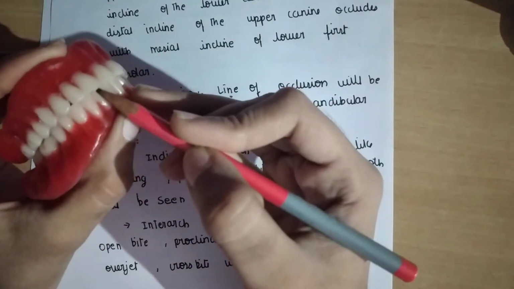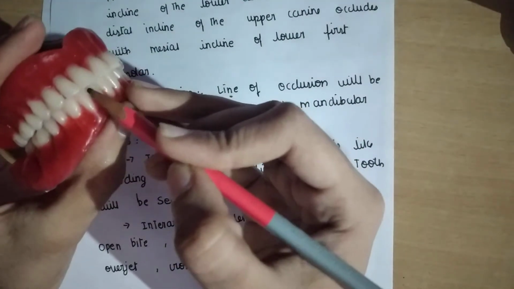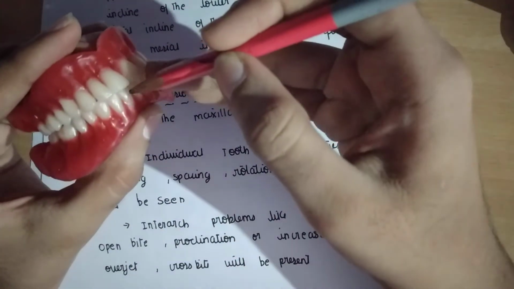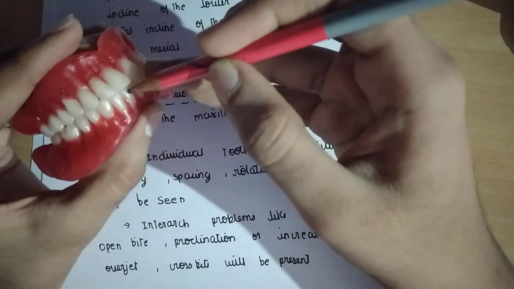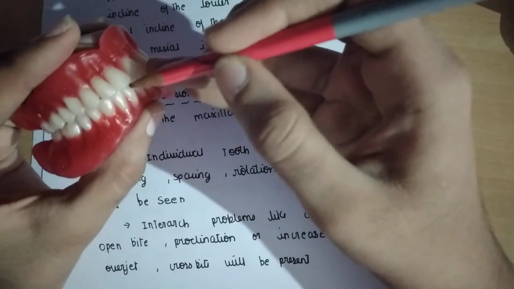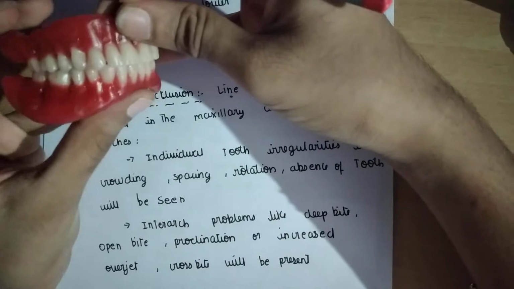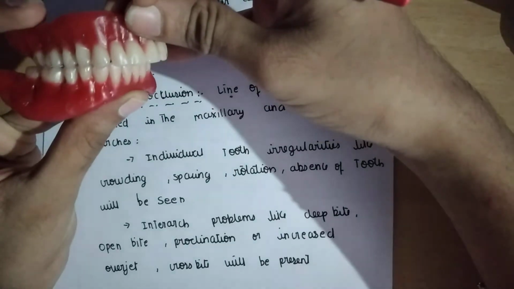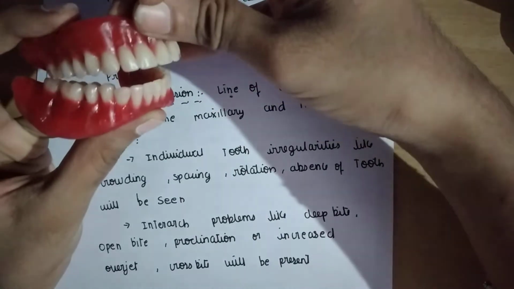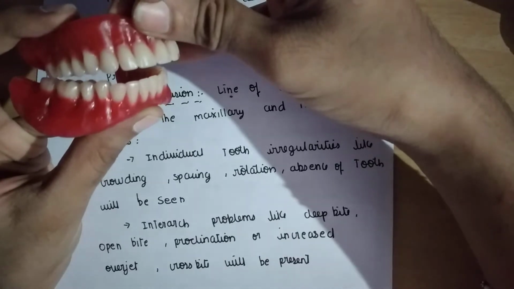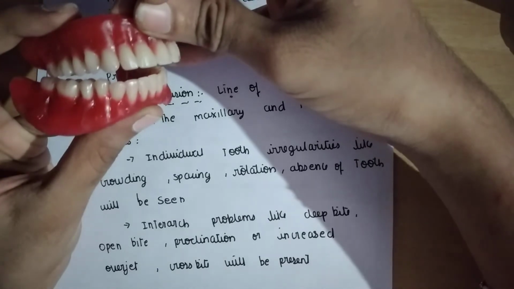Here you can see a 2 mm space should be there. The horizontal distance between the maxillary and mandible is called overjet. For example, if I'm keeping it like this, then the overjet is more. If I'm keeping it like this, then it's an open bite.